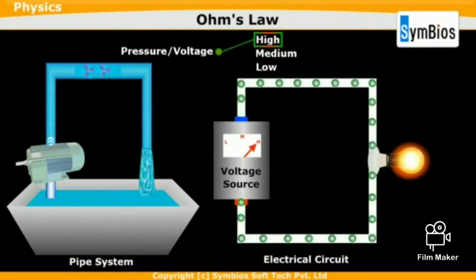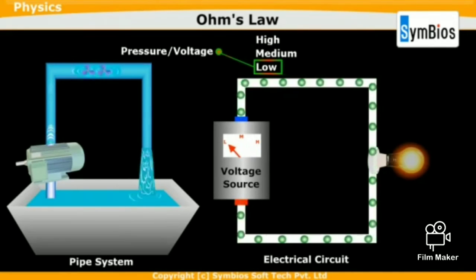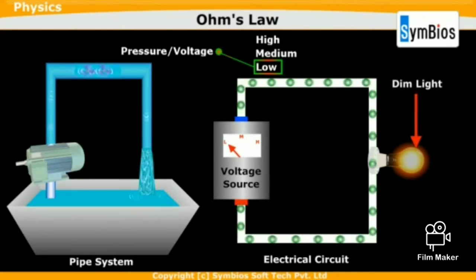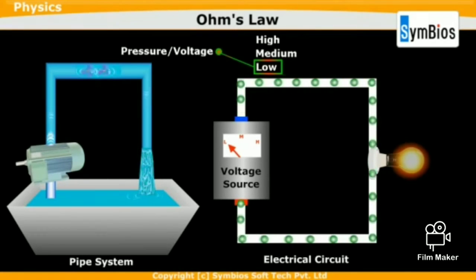It means the current flowing towards the bulb increases, making the bulb glow brighter. When the voltage is reduced, the flow of the current also decreases, making the bulb glow dim. This demonstrates that voltage is directly proportional to the flow of the current.